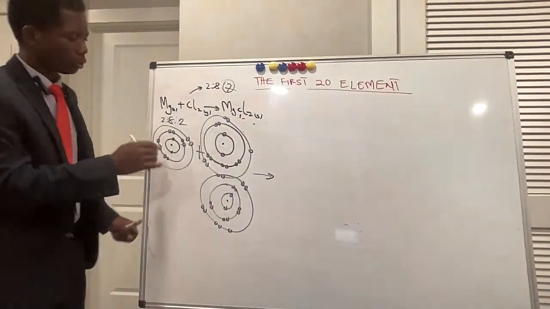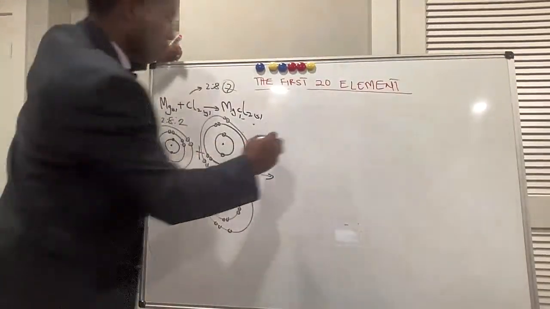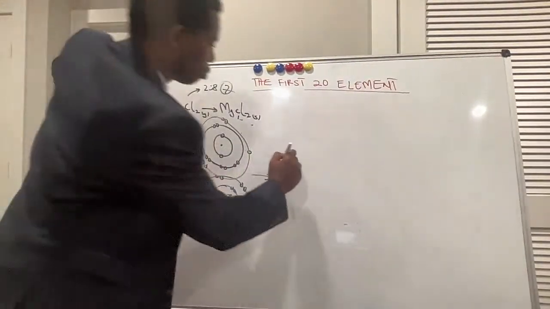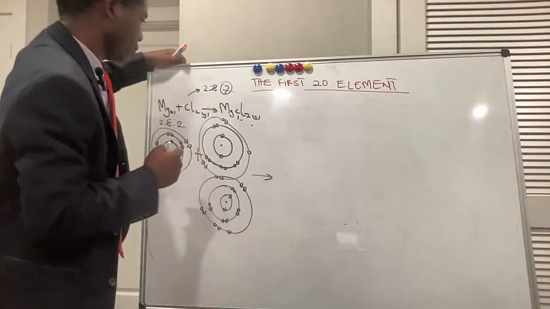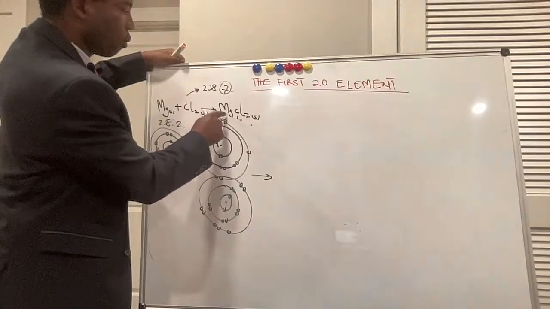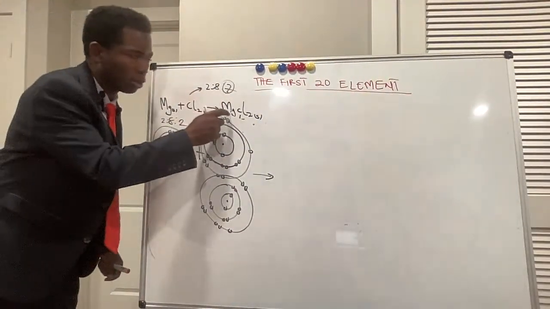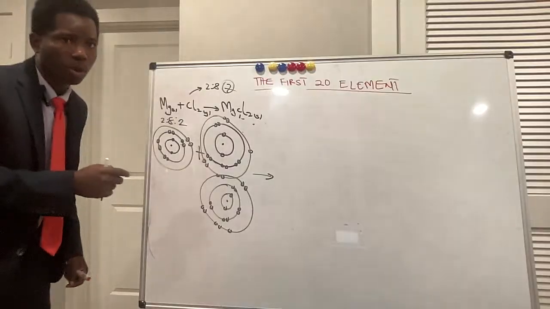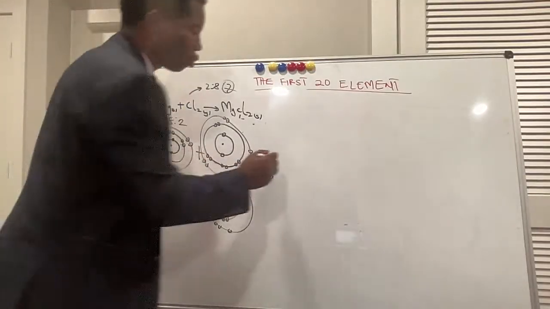We will also take only the outermost shell of magnesium. Now we want to draw the diagrammatic representation of magnesium chloride.